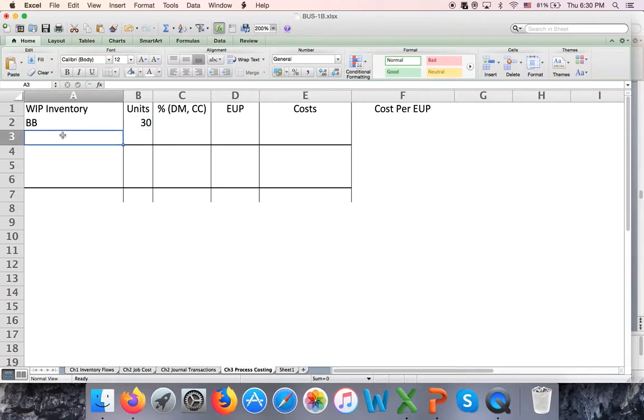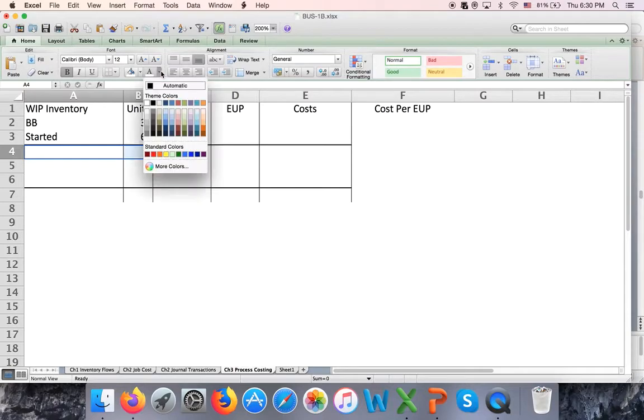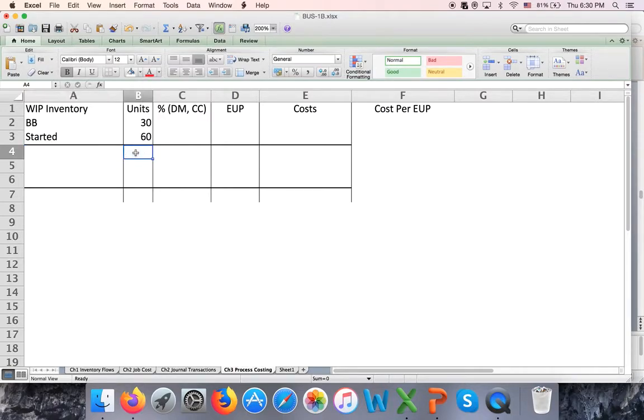I'm going to start more and use more direct materials, direct labor, and factory overhead. Additional, I will say, 60 cookies. So together we're going to have 90 cookies. Let me put a plus right here. And guys, these 90 cookies is what we need to account for. I will need to account for all of them. I had 30, I started 60, I have a total of 90.